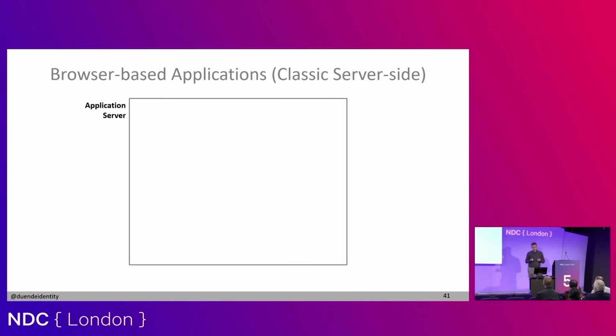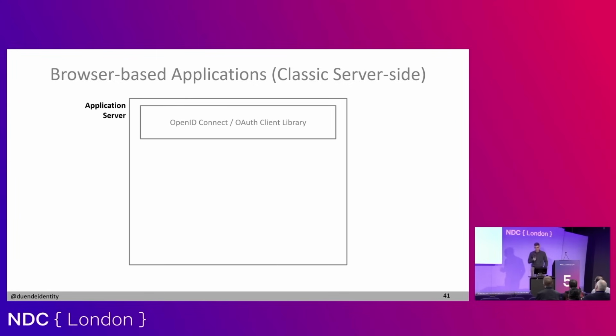So if we have a browser-based application, classic server-side browser-based application, we need typically an OpenID Connect or OAuth client library. You don't want to do all the redirects and validations and stuff yourself. You should use a library. We need something for session management probably, if we want to establish a session.